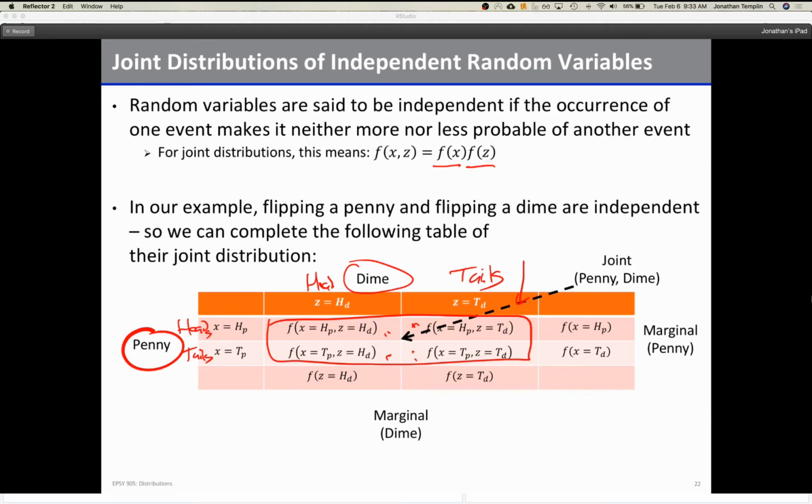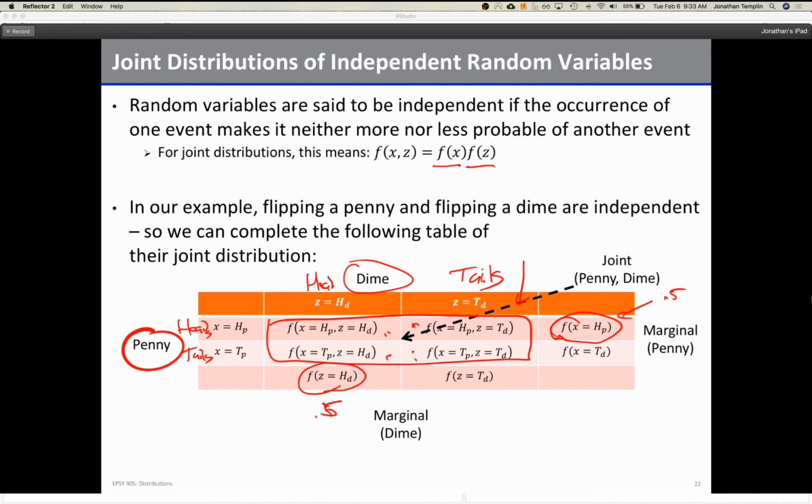And actually you can see that right over here. That's the marginal distribution of a penny right here. That's the 0.5. And let's imagine then, okay, great, I flip the penny, it turns out to be a head. Now there's a 50-50 chance I flip a head on the dime, which is right here. So let's call that 0.5.